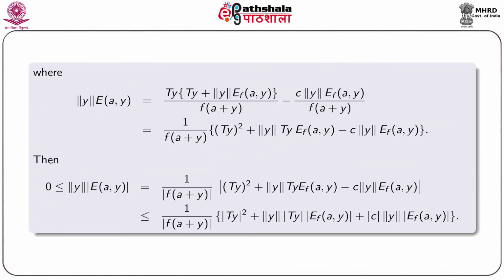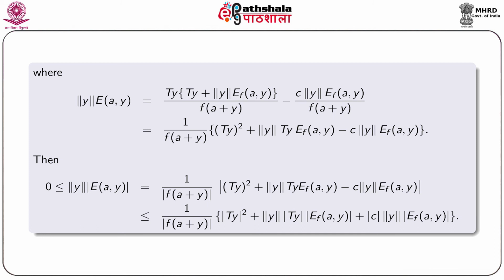Here norm y E(a,y), after simplification, equals 1 upon f(a+y) multiplied by the sum of (T y) squared plus norm y T y E_f(a,y) minus c norm y E_f(a,y).